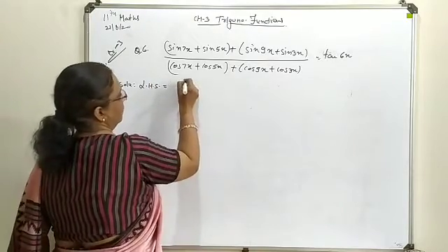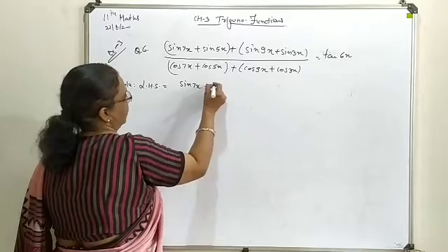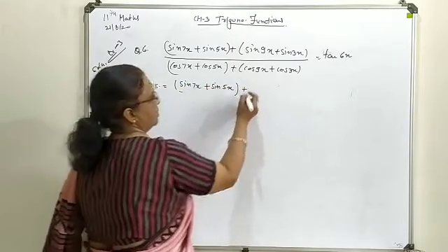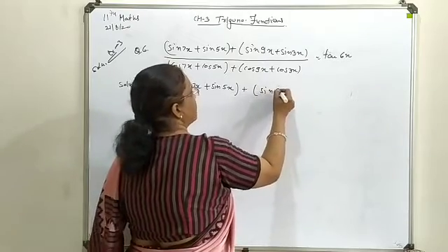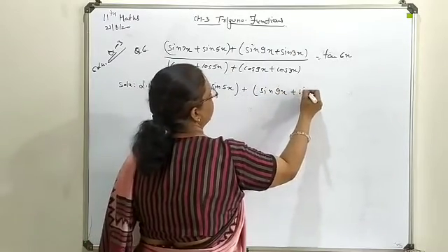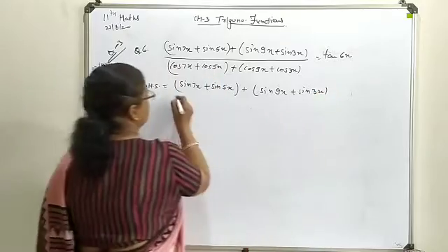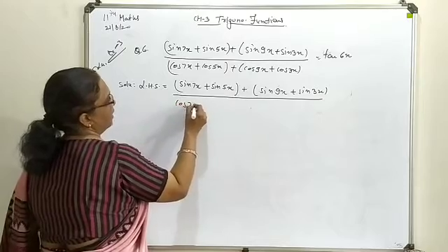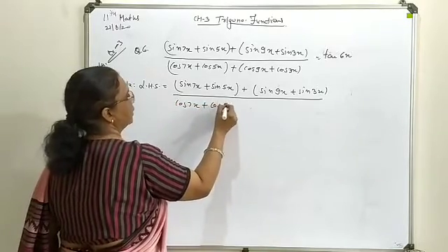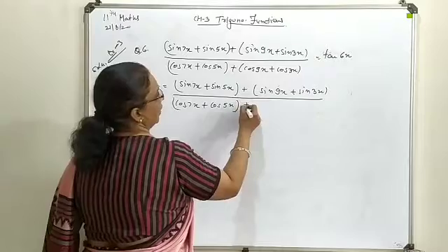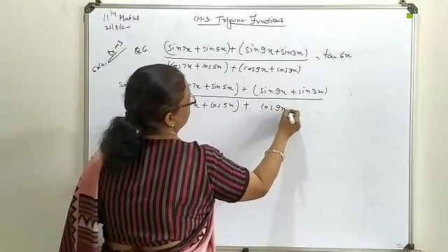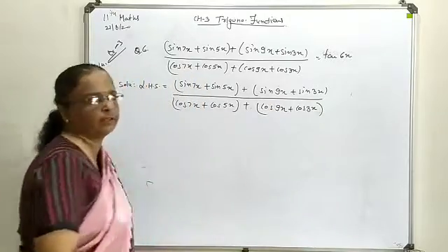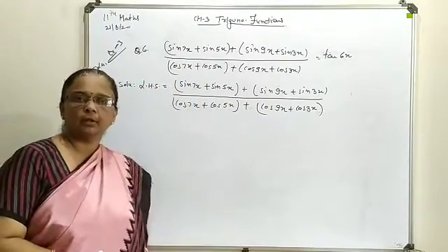This is your sin 7x plus sin 5x plus sin 9x plus sin 3x upon cos 7x plus cos 5x plus cos 9x plus cos 3x. Everywhere with the plus combination you will implement the formula.